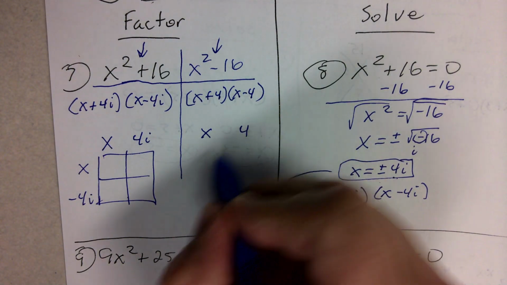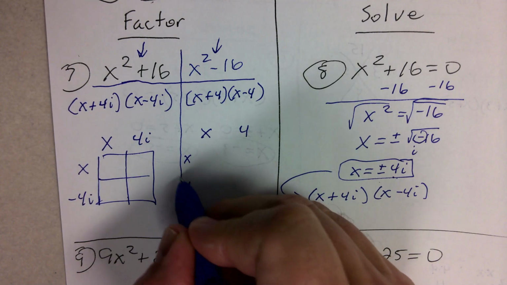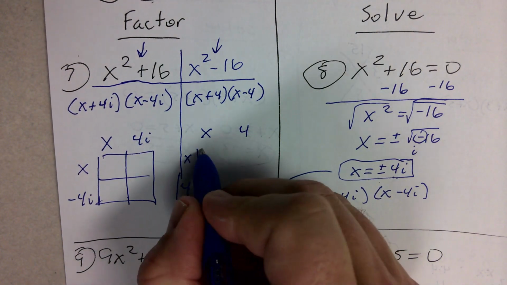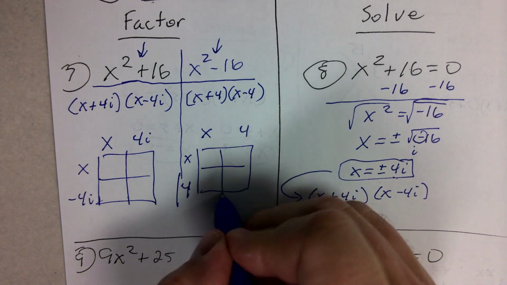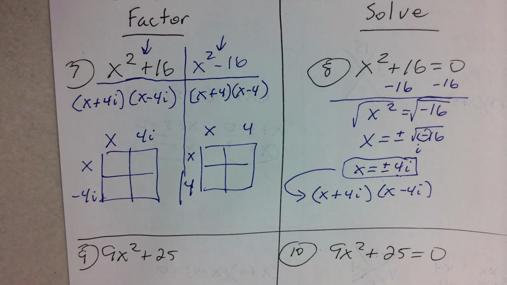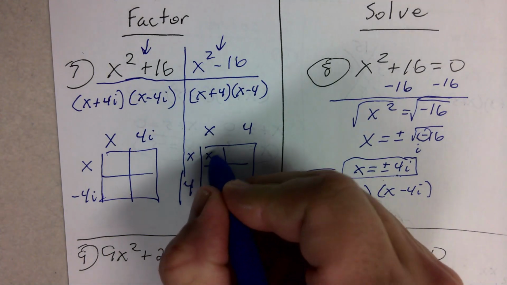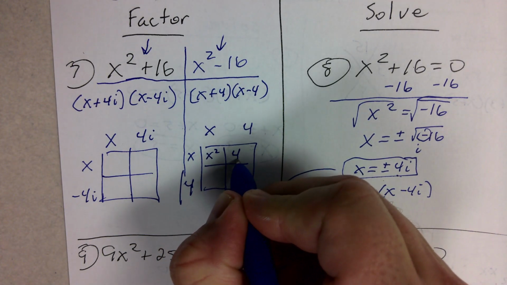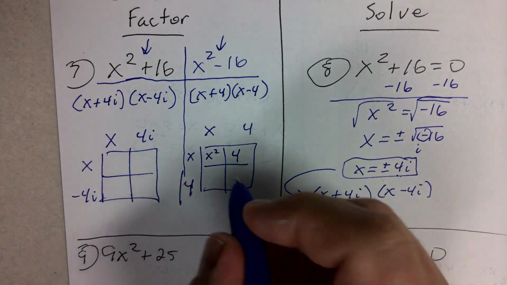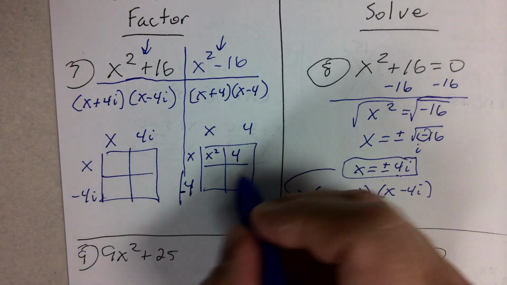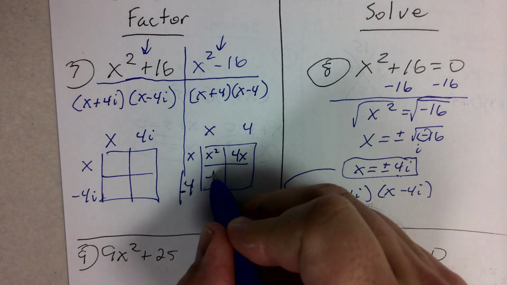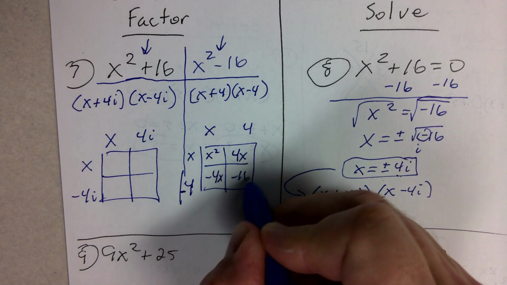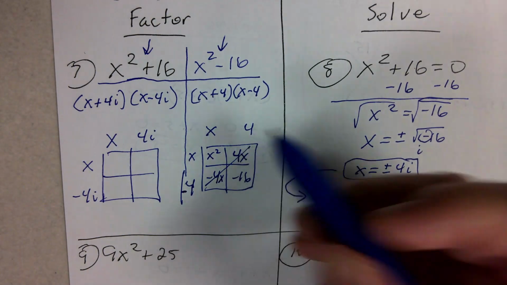And I don't care if you write this part out, I just want you to watch, and we're going to move on. Okay, if I am trying to put these back together, I have x squared, 4x, sorry, this should be a negative 4 here, 4x, negative 4x, negative 16, middle terms cancel.